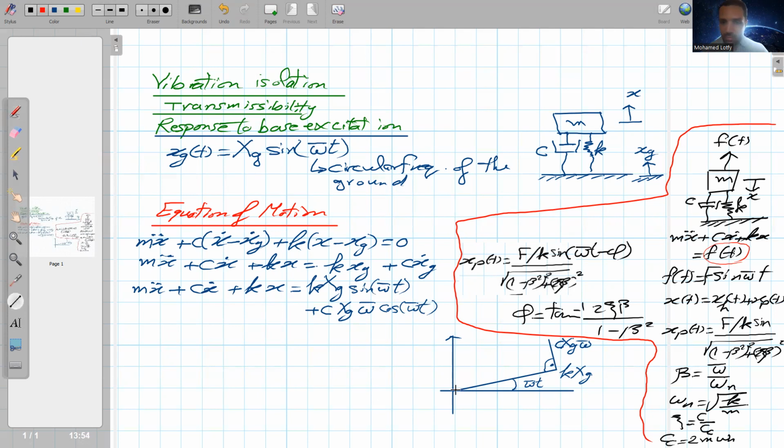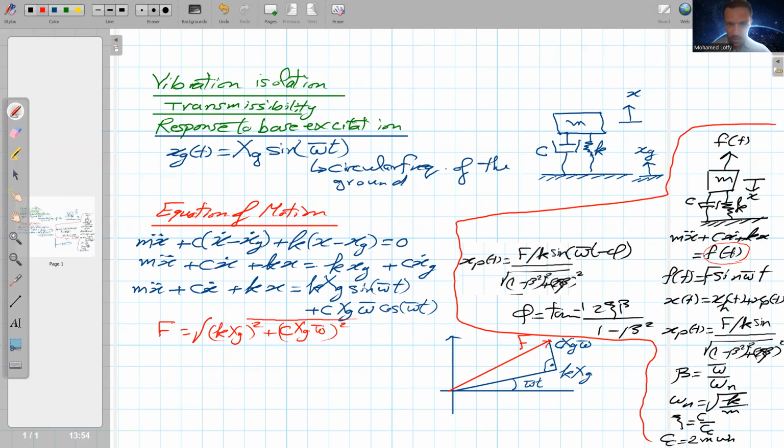Draw the diagonal of this triangle. The diagonal of this triangle, I'll call it F. This is the magnitude of the resultant of these two forces. What is the value of this F? F will be the root of (k xg) all squared plus (c xg omega bar) all squared.